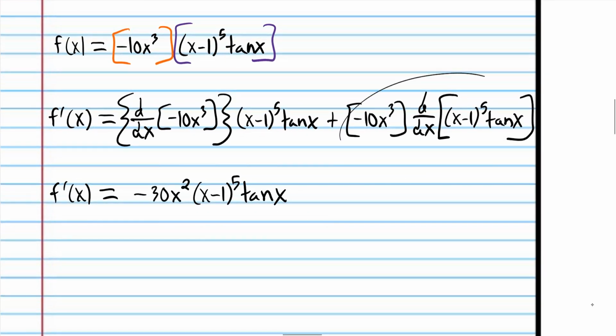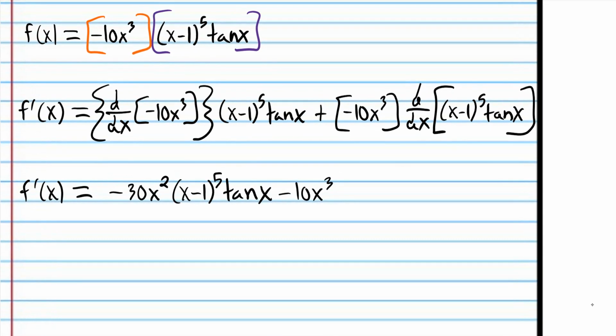But this is the hard part because we have to use the product rule a second time. So we have a product of two things, so I'm going to find the derivative of the first expression in the product, and then multiply that by the second expression.